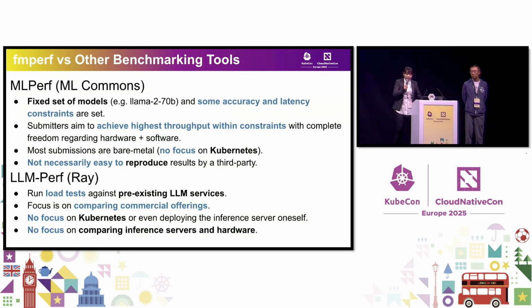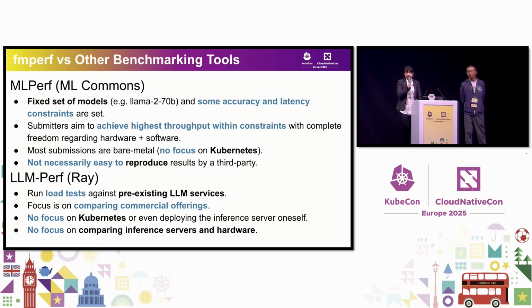So compared to popular benchmarks you may have heard of, like MLPerf, the distinct capability Fmperf provides is really Kubernetes integration. The Kubernetes environment allows you to get repeatable, reproducible benchmarking results. MLPerf is more focused on giving you some accuracy and latency constraints, and letting different submitters improve their optimizations to show which server has better performance.